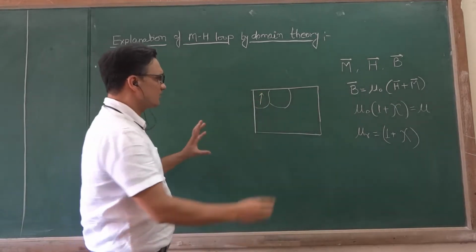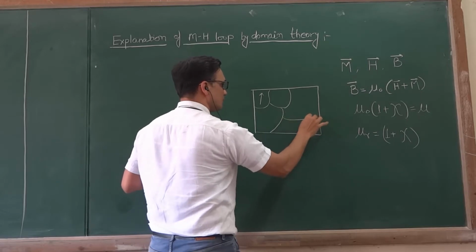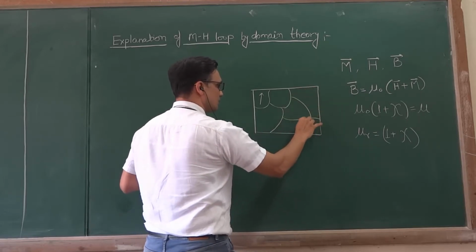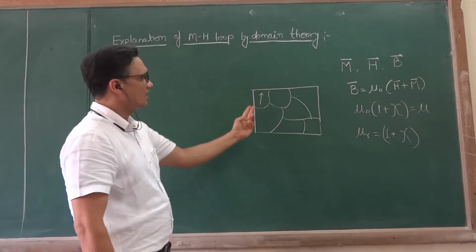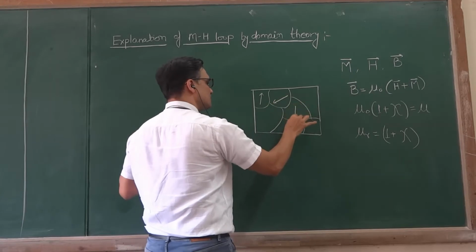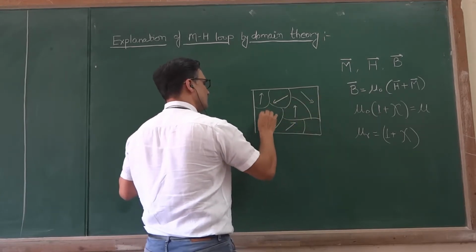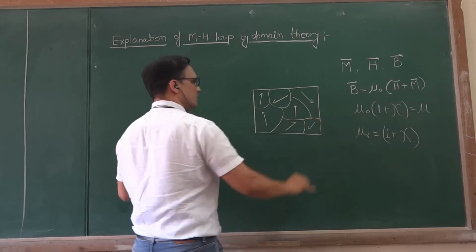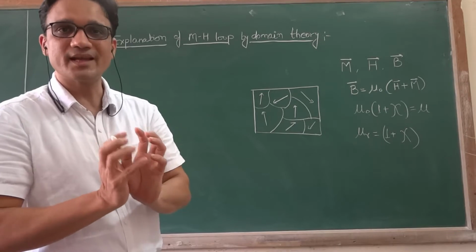where the magnetic moments are aligned in a particular direction. Let me take a few regions like this. The magnetic moments in this region are aligned in this direction, and in the others in this direction, like this. So there are different regions where the net magnetic moment is not equal to 0.